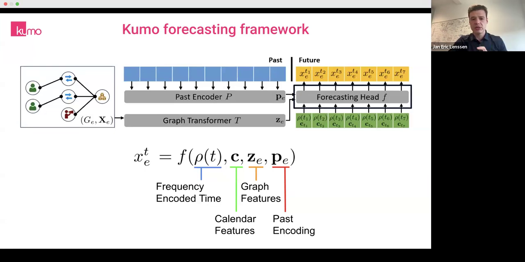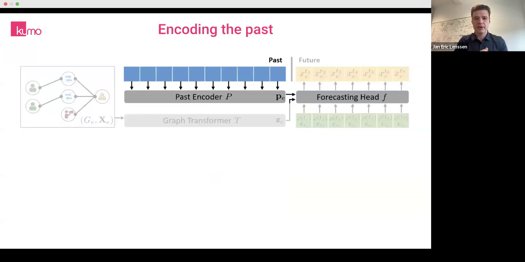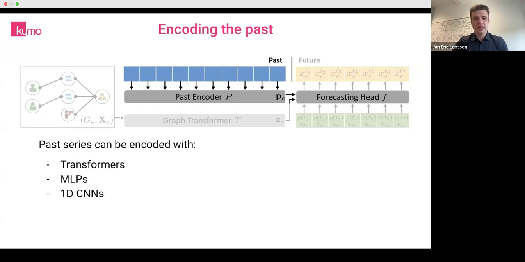And now we're going to look at all these different components in a little bit more detail. So let's start with the past encoder, P. What it does is it encodes your past time series, and you can use actually different models here, different neural networks to do that. You can use transformers, you can use MLPs, you can use one-dimensional convolutional neural networks, which essentially convolve kernels over the series.